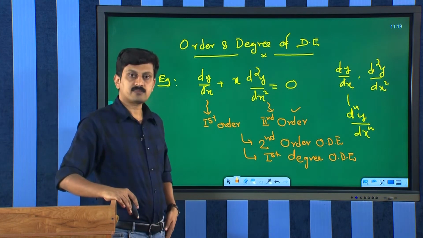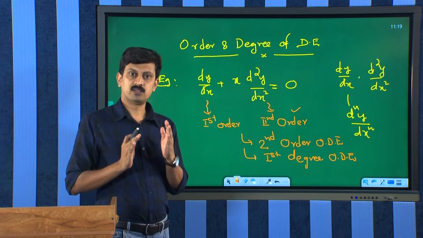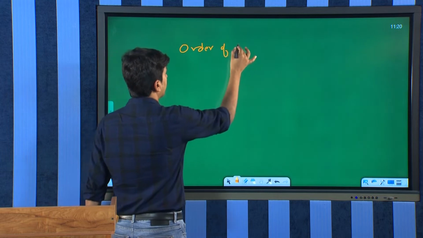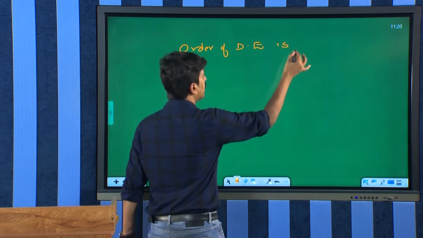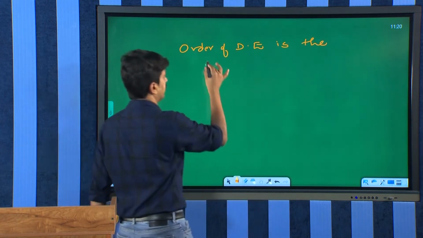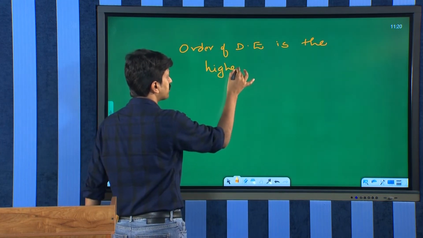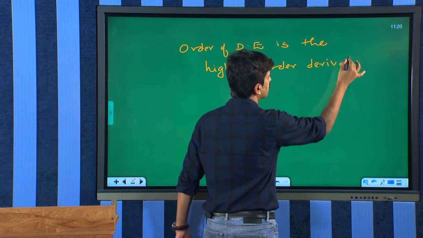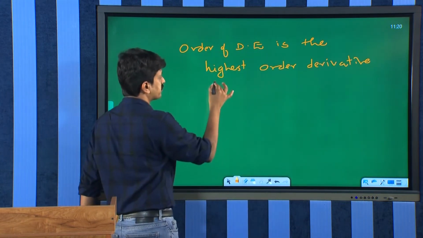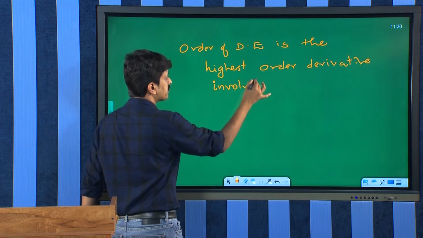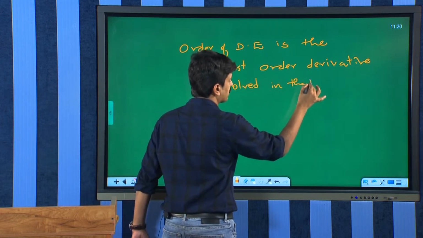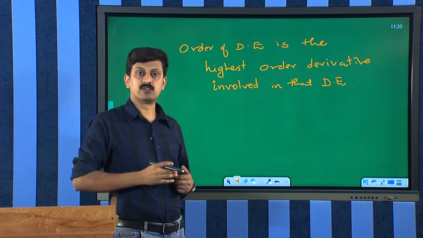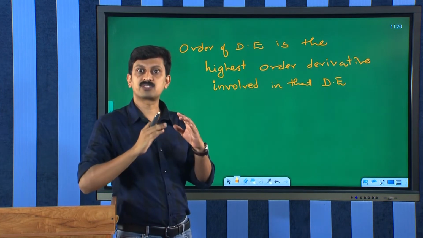Okay, fine. Now see, what is the order? The order of a differential equation is the highest order derivative involved in that differential equation. So while evaluating the order of the differential equation, we will find which is the highest order derivative involved.